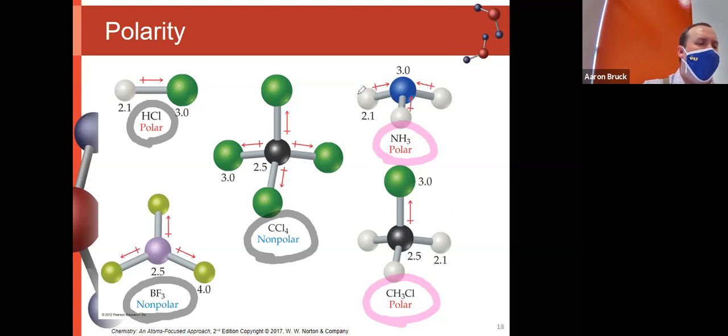Okay. All three of these bonds are boron to fluorine. In carbon tetrachloride, all four of those bonds are carbon to chlorine.